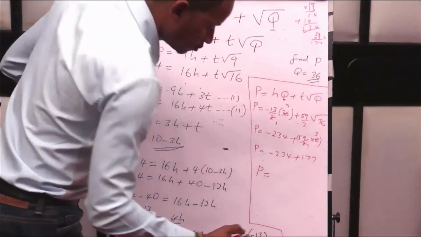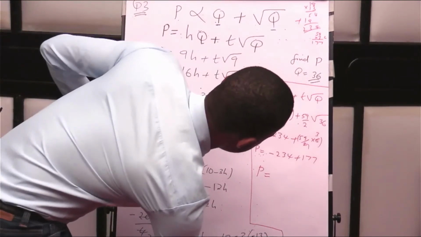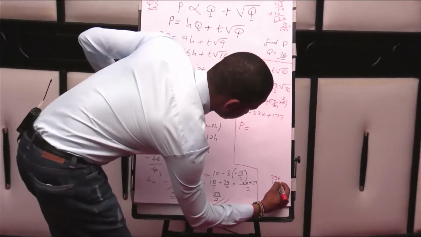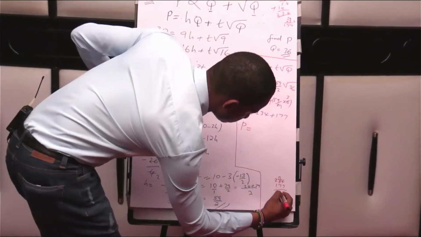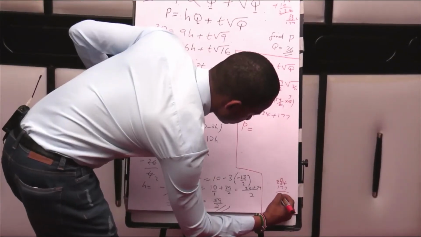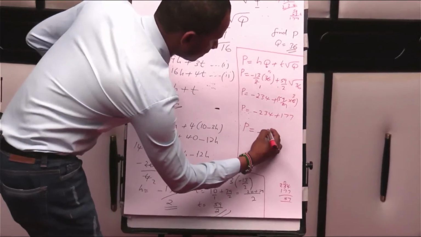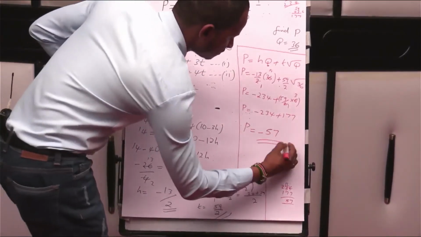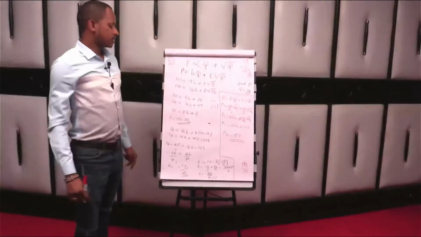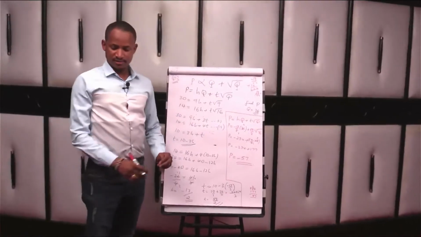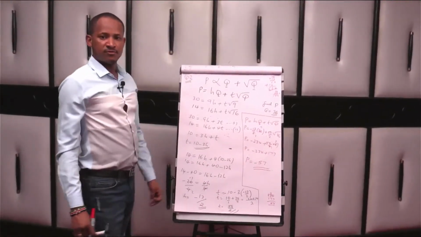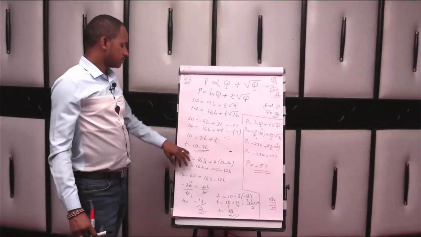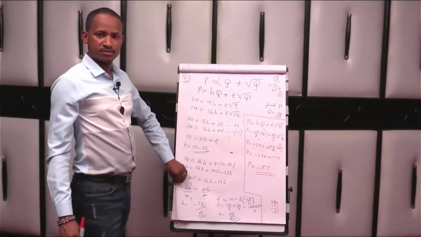So this comes to 234 minus 177, which is 57. So it becomes minus 57. So class, our value of P is minus 57. You must be very careful. Such a question will never miss.